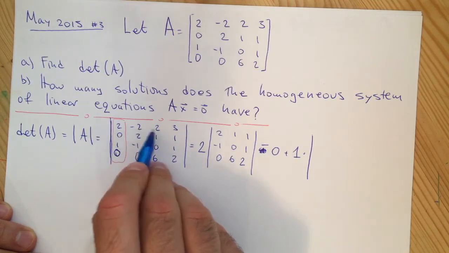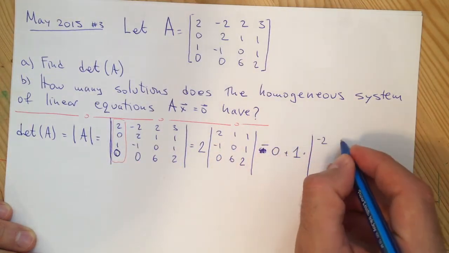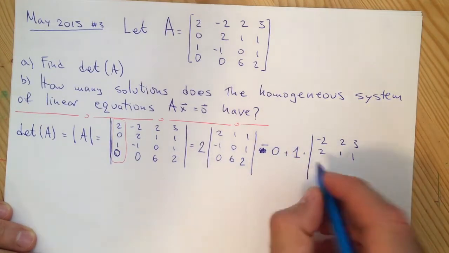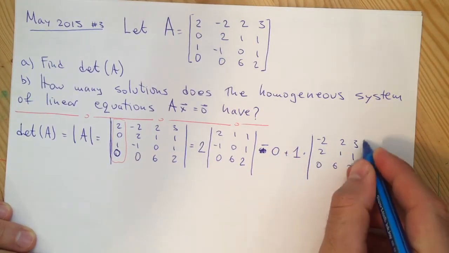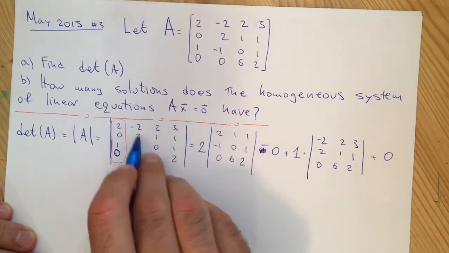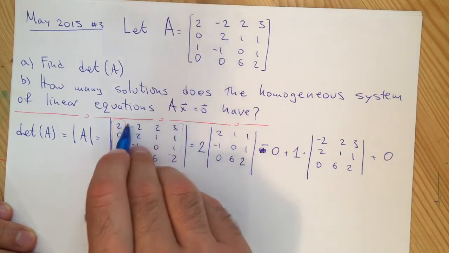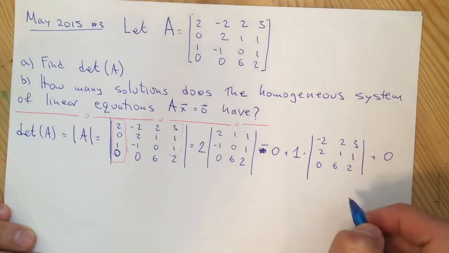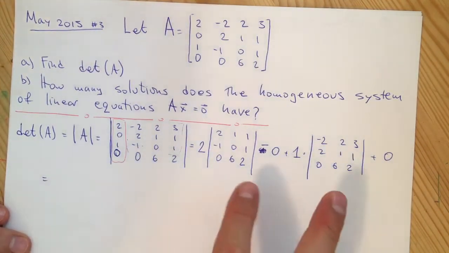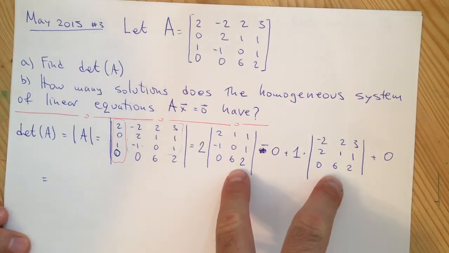So I'm left with negative 2, 2, 3, 2, 1, 1, 0, 6, 2. And finally, plus 0 times the determinant of this submatrix right here, but I don't care about that because I multiplied by 0. Okay, so from a 4x4 matrix, I ended up with finding determinants of two 3x3 matrices.